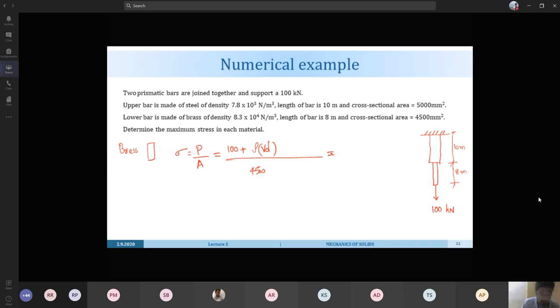Sir, I can calculate. Okay, that part we leave it. Just tell me what will be the maximum stress in steel. Sir, again 100 kilonewton plus the weight.